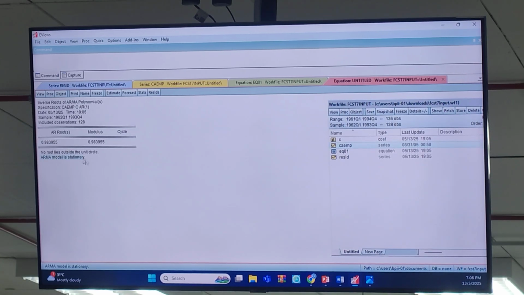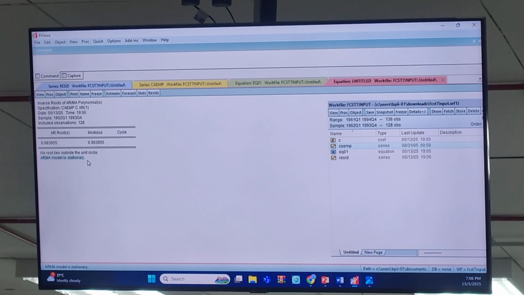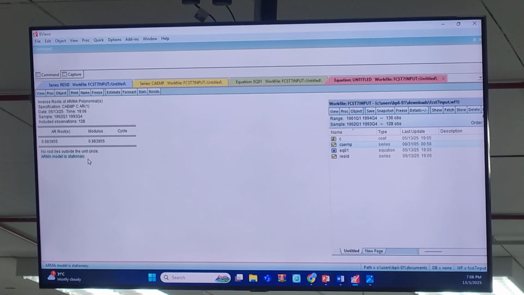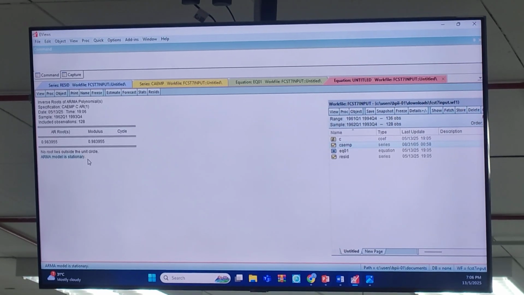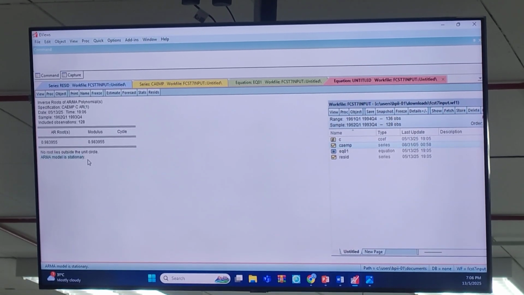It is stationary, not invertible, because we have the AR polynomial. We don't have MA, we only have AR. AR determines the stationarity, MA determines invertibility. The root is almost close to 1, about 0.9, because we want it to be less than 1, as 1 is already on the unit circle.